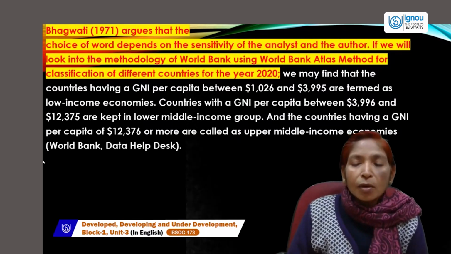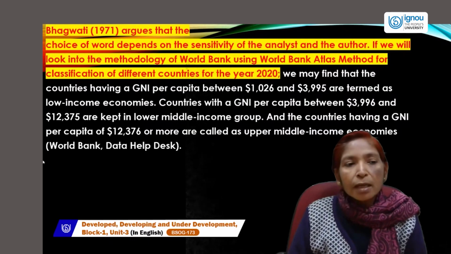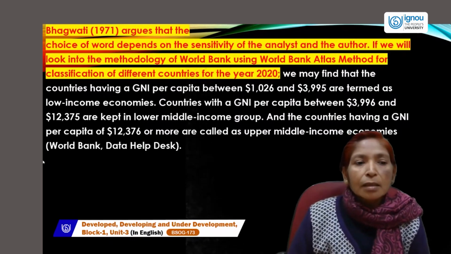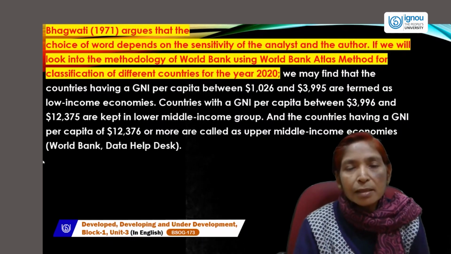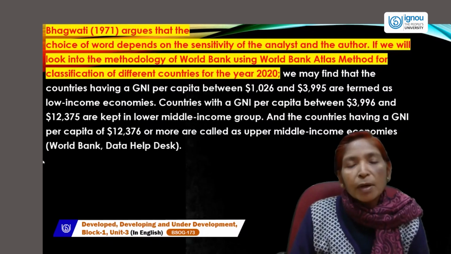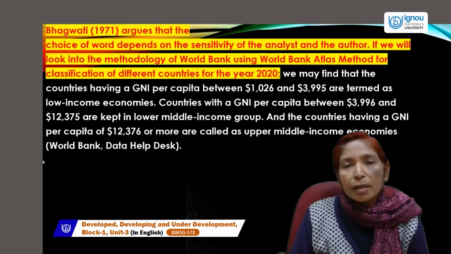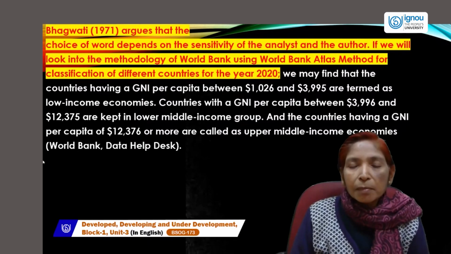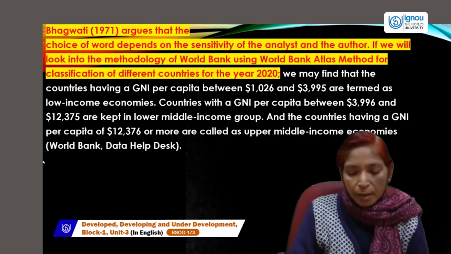On the other hand, the countries having a higher GNI per capita, like $12,376 and above, are called upper middle income economies.